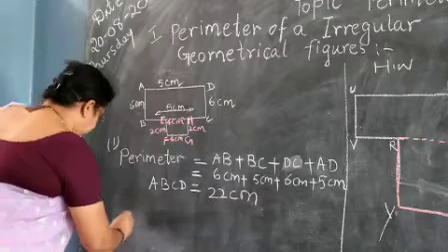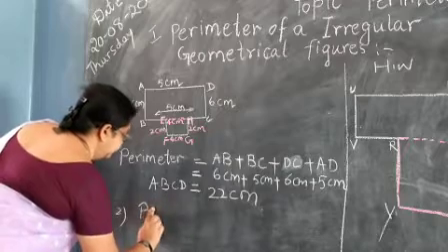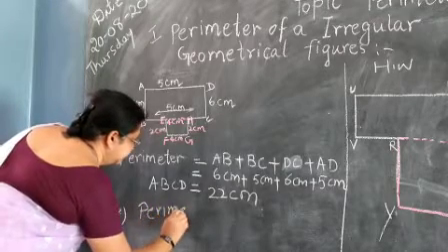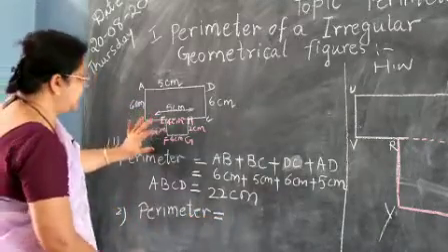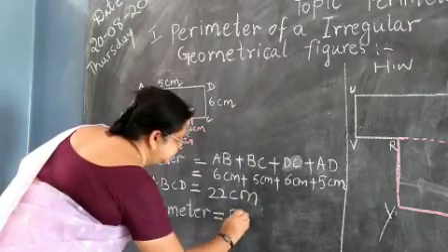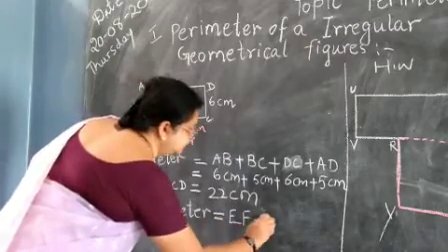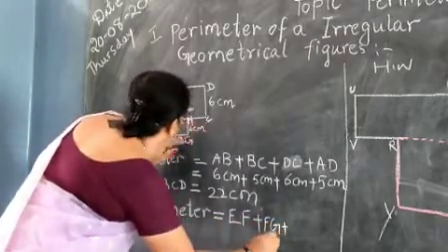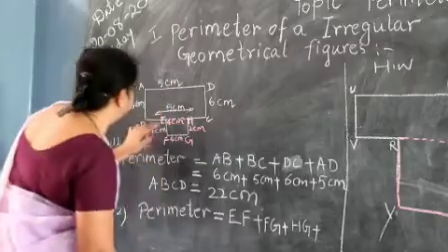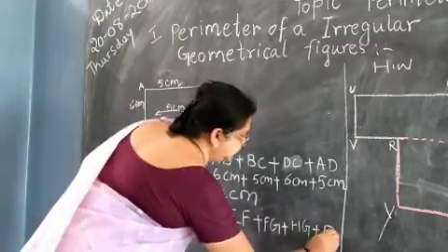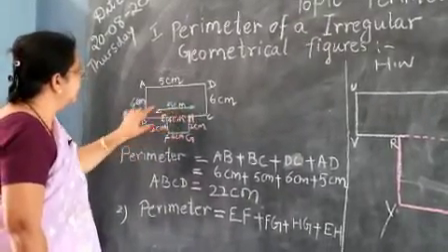The second part is, children, the perimeter is equal to EF plus FG plus HG or GH plus EH. See, EF plus FG plus GH and EH.